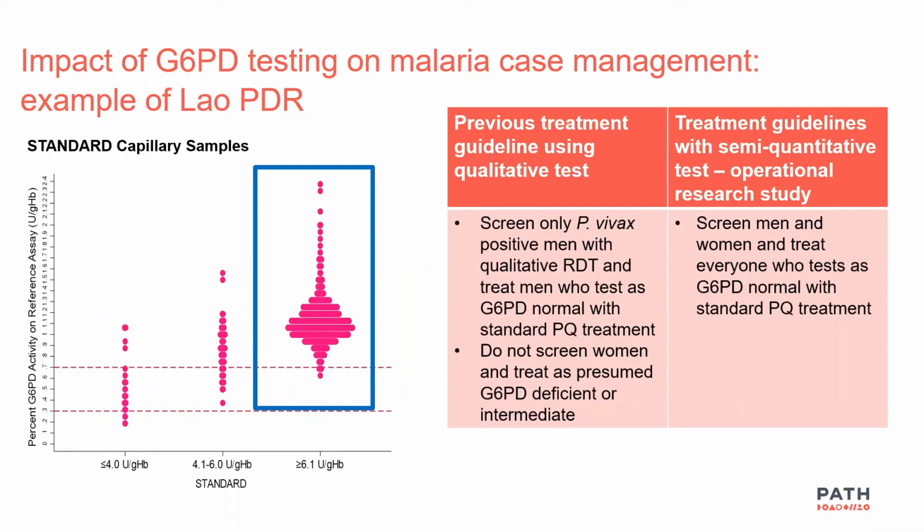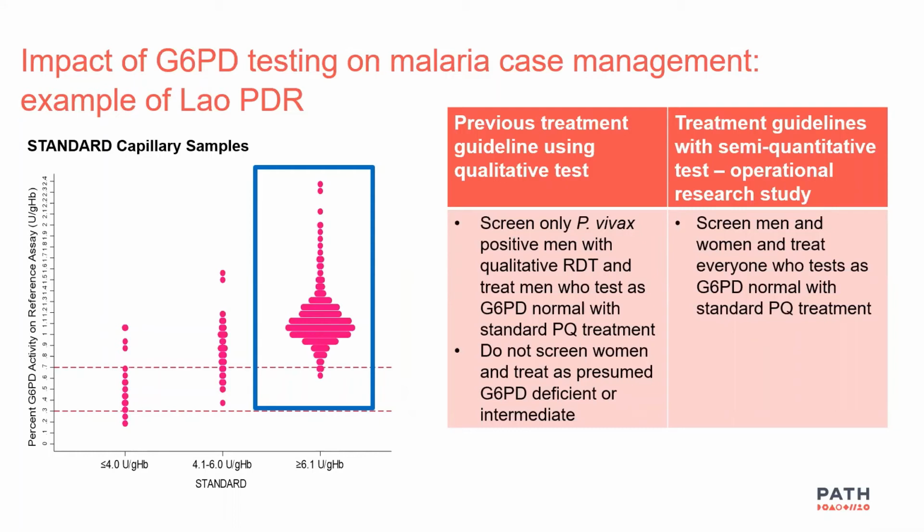Through an operational research study that PATH and the Malaria Control Program and UCSF have been collaborating on, we introduced the semi-quantitative standard test, and with the use of that test, under this research protocol, changed the treatment and diagnostic algorithm to screen both men and women, and then treat everyone who tests as G6PD normal with the standard Primaquine treatment.